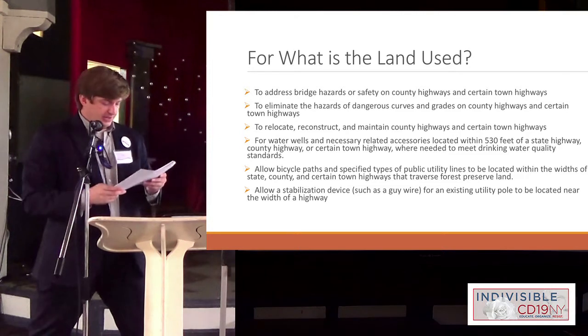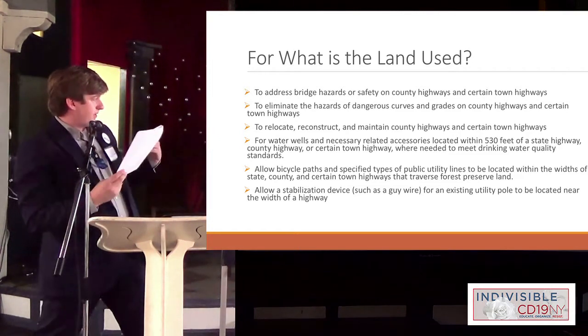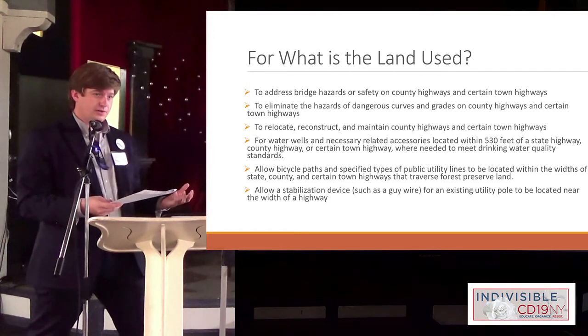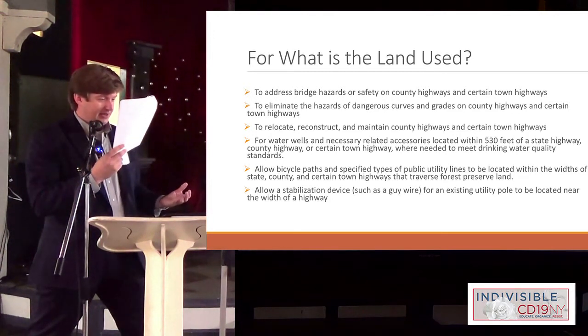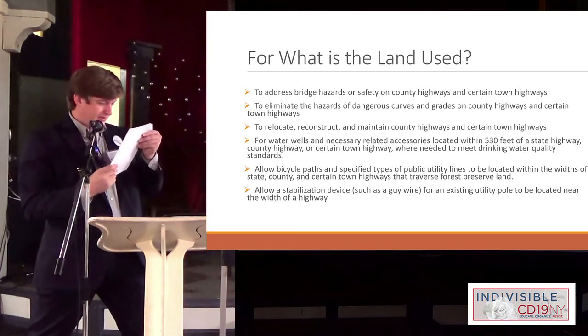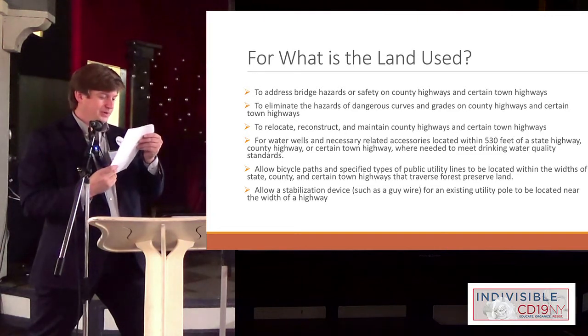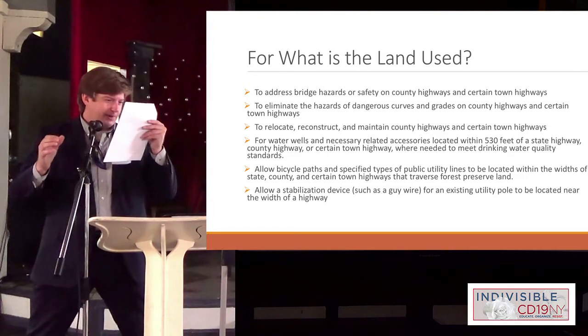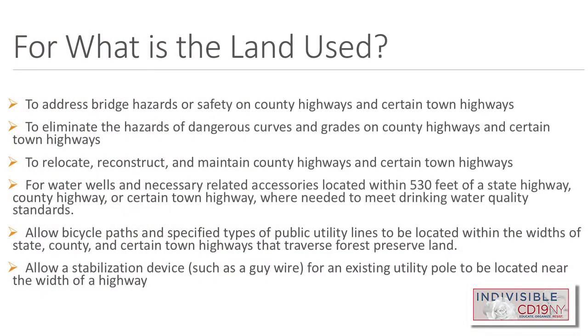And the legislation specifically outlines the uses you're allowed to have for the land in the land bank, specifically bridges, utilities. They even had to put in this rather peculiar language that they would allow a guy wire to support existing utility poles, because apparently you're not allowed to put those up right now. And it seems like common sense that if you have a utility pole, you should be allowed to put up a guy wire to keep it standing up.